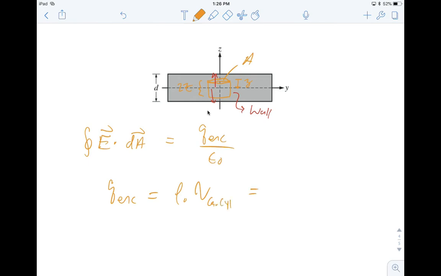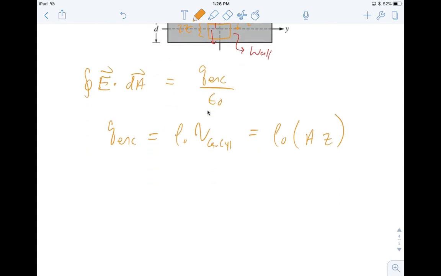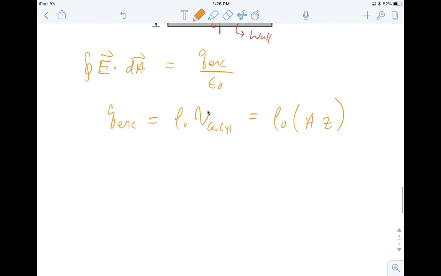Remember, volume of a cylinder is the area times the height of the cylinder. So the height is z. Sorry, I drew my z weirdly here. That's z. So that's Q enclosed. We can't do anything else with that.